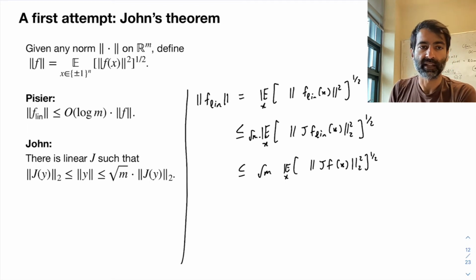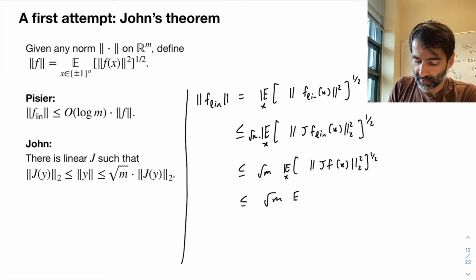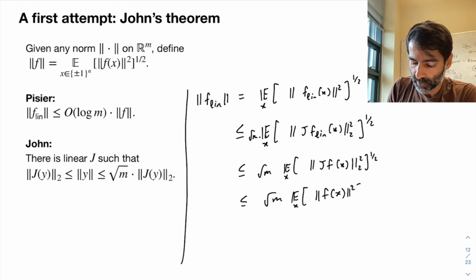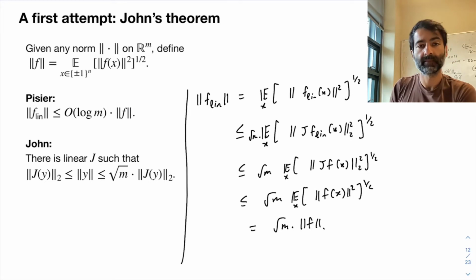And then applying the other inequality in John's theorem. So far we've used one inequality, but now we'll use the other. That gives us that this is at most square root of m times the expected value over x of the norm of f x squared.